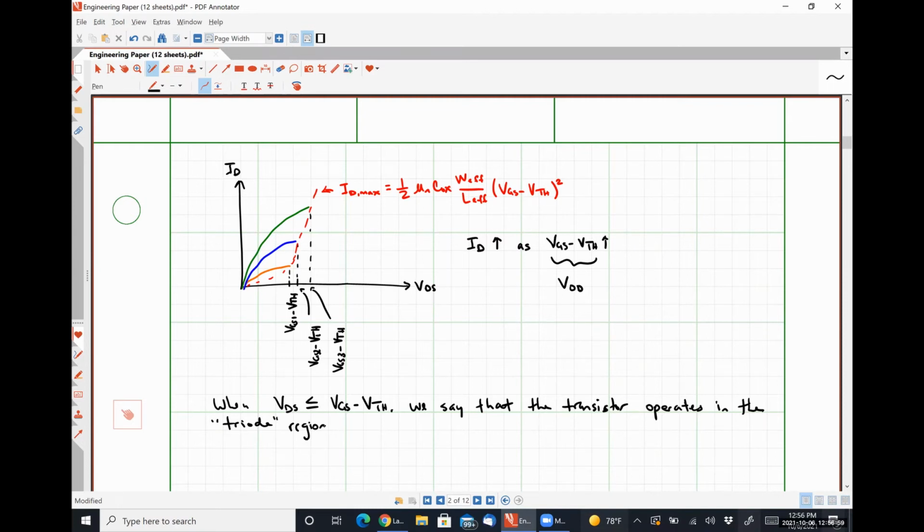This nomenclature comes from what was used for vacuum tube based transistors. So I honestly don't know what triode really means, because this isn't 1955.